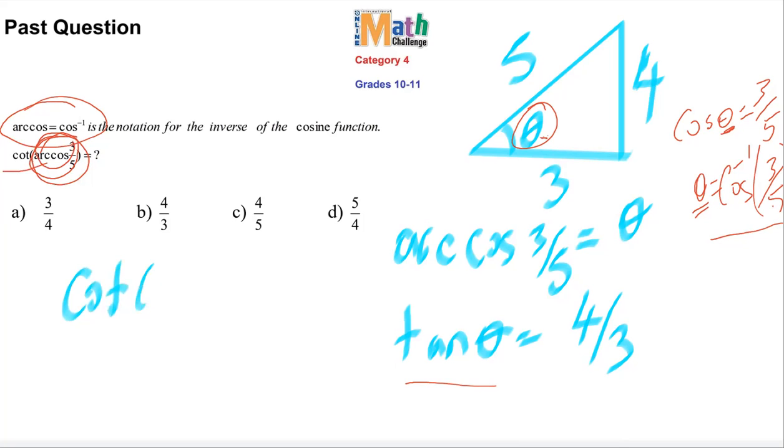So cotangent theta equals, cotangent is adjacent over opposite, just the opposite of tangent. So the answer will be 3 over, sorry, not 5, 4. 3 over 4. So the answer will be A.